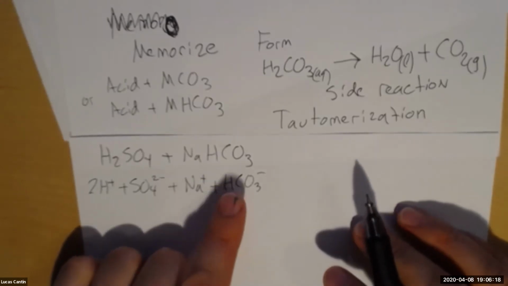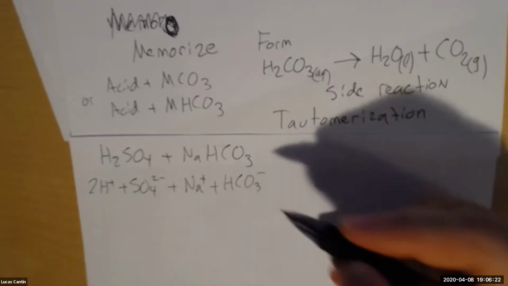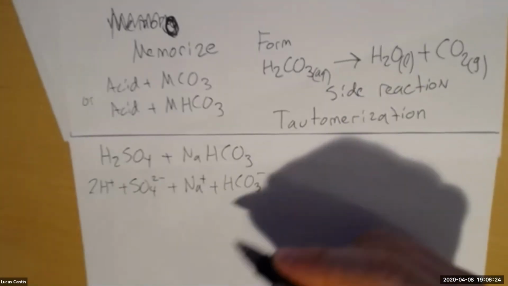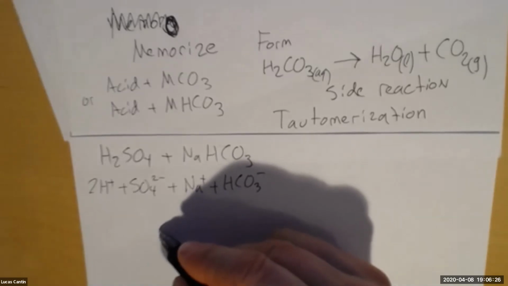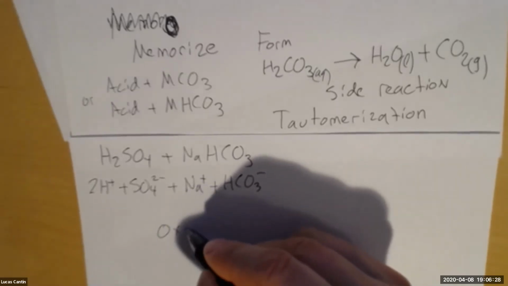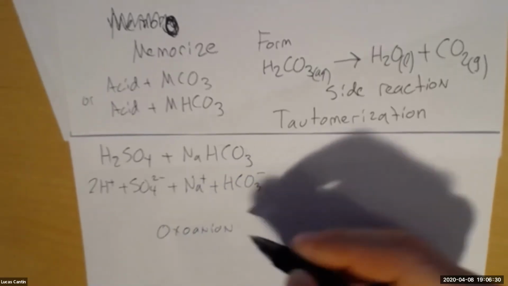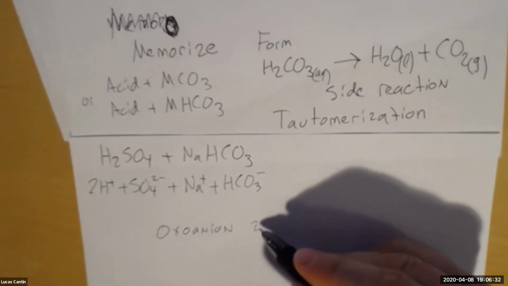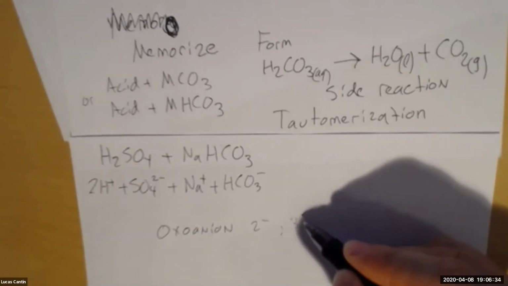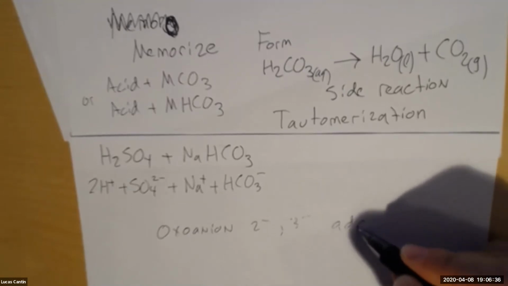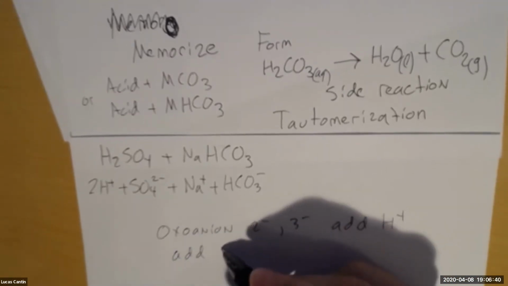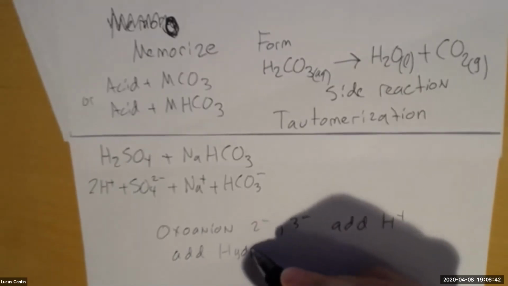So remember, hydrogen ion can join with, remember when we talked about naming, if I have an oxo anion with a 2- or a 3-, I can add H+ to it, and I add hydrogen to the name.